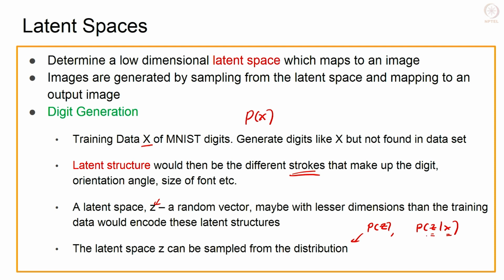Okay. So, once we have this distribution, we can sample this z from that distribution and map it to samples x. That is the idea behind variational autoencoders: to infer this distribution p of z given x, so that we can use it to sample from a model distribution x.